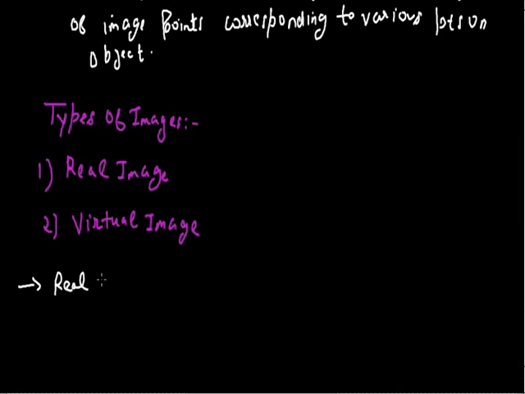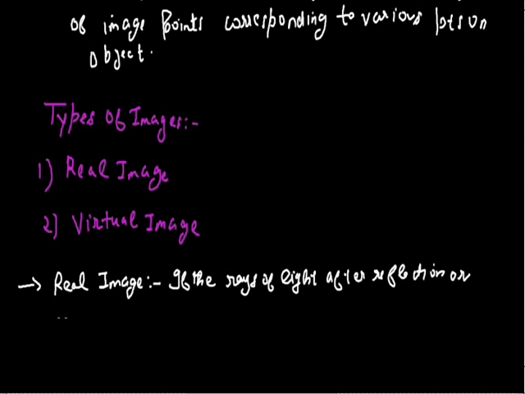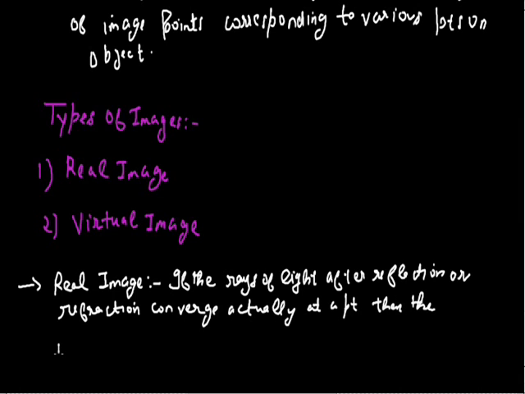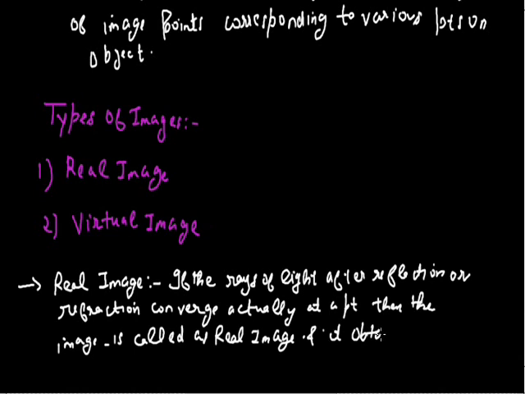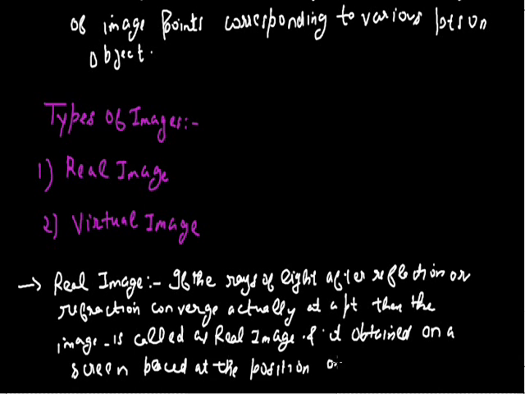Let's talk about the real image. If the rays of light after reflection or refraction actually converge at a point, then the image is called a real image. It can be obtained on a screen placed at the position of the image.